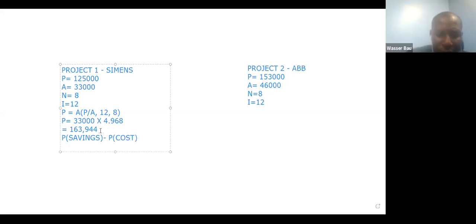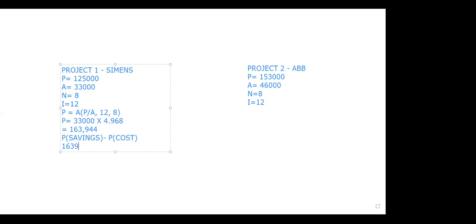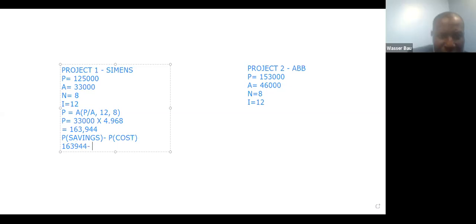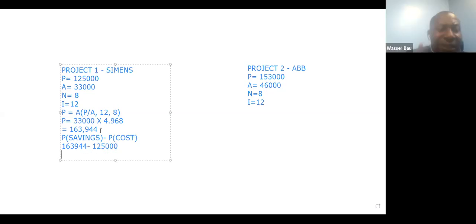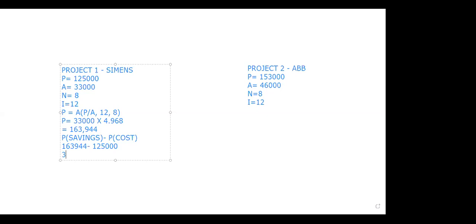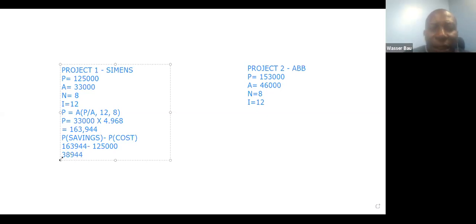And what would that be? 163,944 minus 125,000. And what would that be? If this thing will ever give you negative, run away from the investment. 38,944. So this is the net present worth of it.